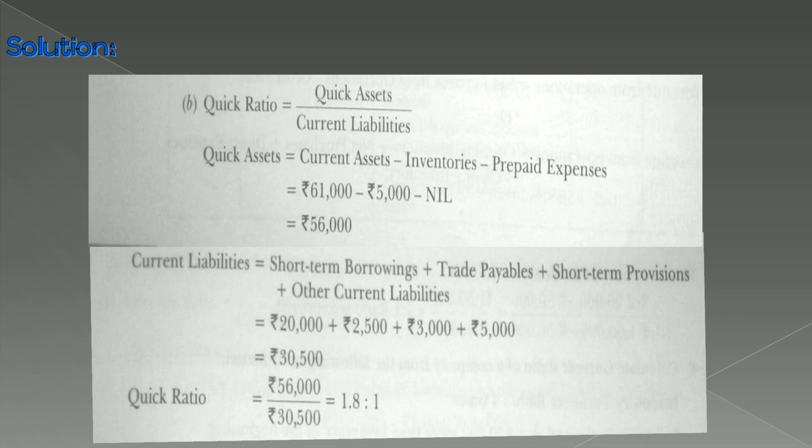What is the ideal quick ratio? 1 is to 1. So it is higher or lower? Higher. Means they have more ability. They are more efficiently able to meet their liquid liabilities. ठीक है? तो in this way we can easily calculate.